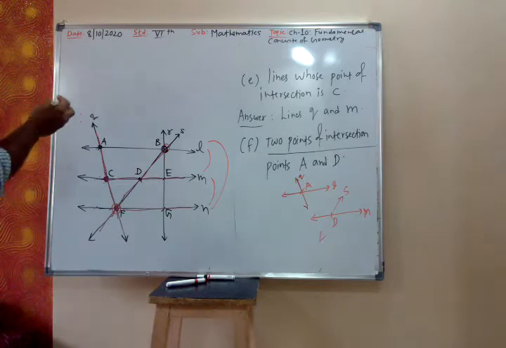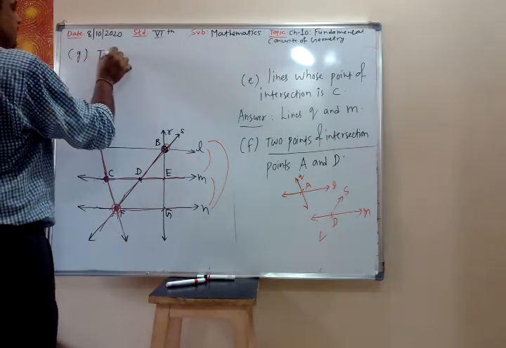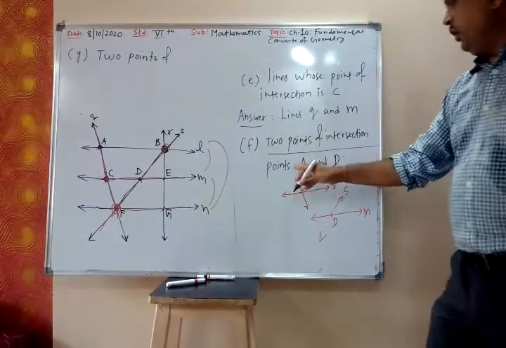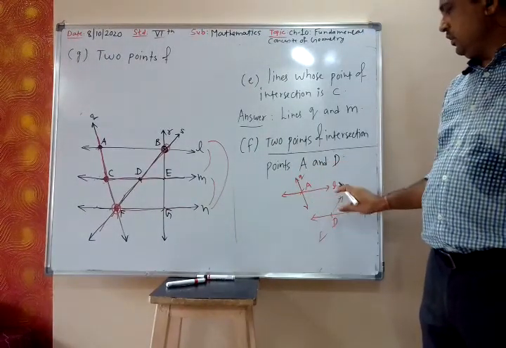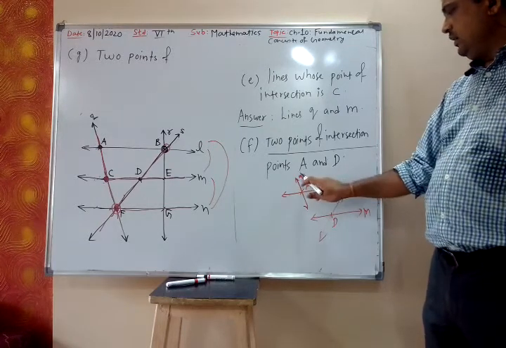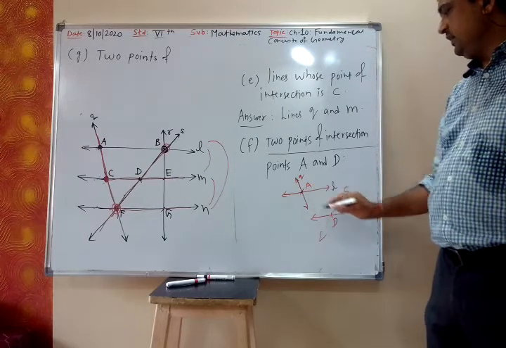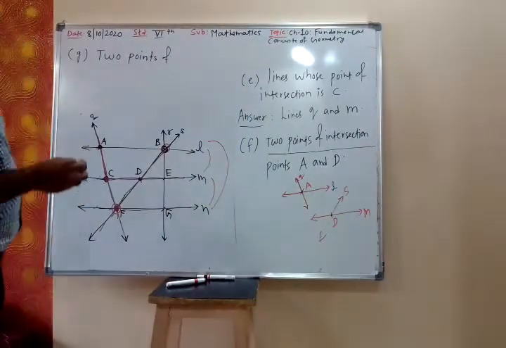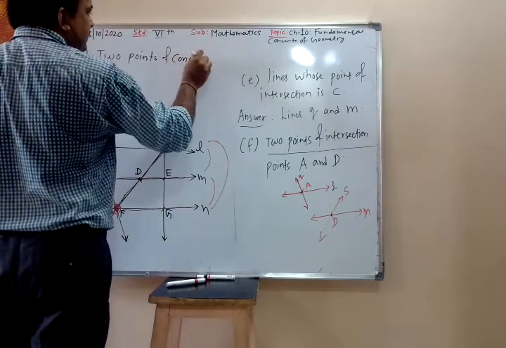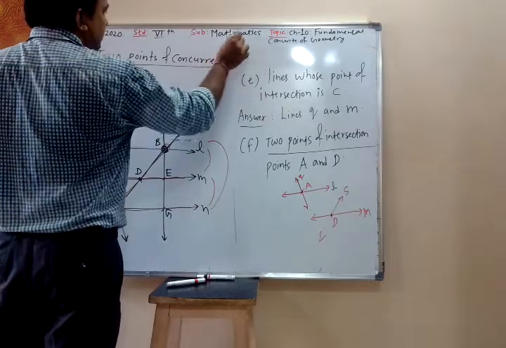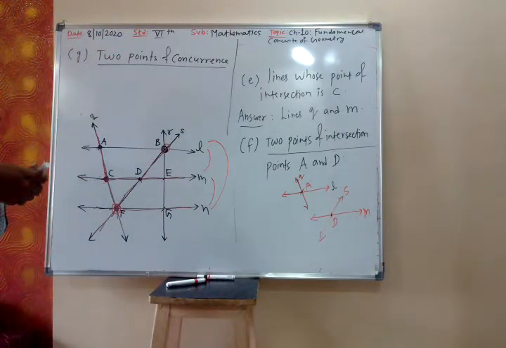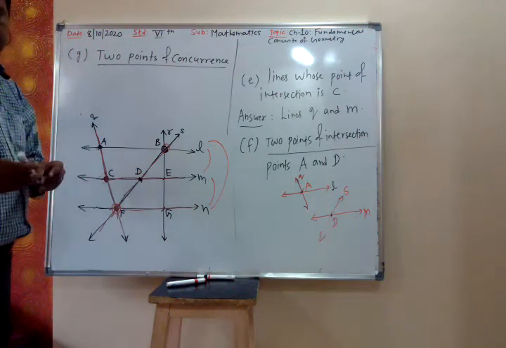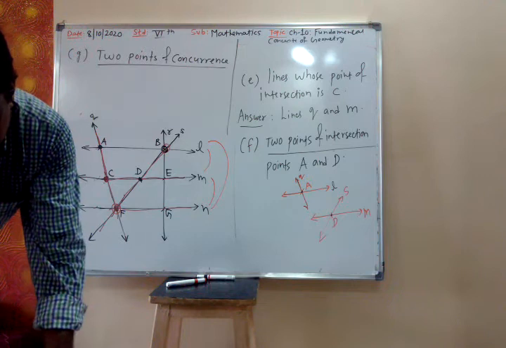That is part G. Points A and D: we have drawn line Q and line L, the point of intersection is A. Line S and line M, the point of intersection is D. Yes, line S and line M, they meet each other at point D.